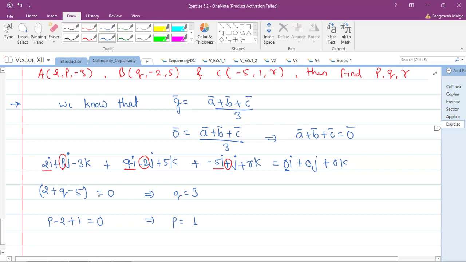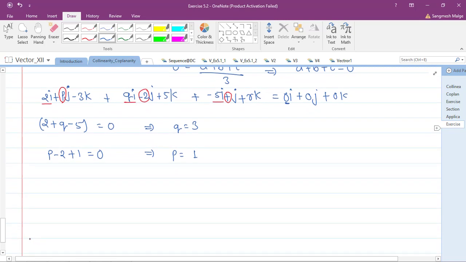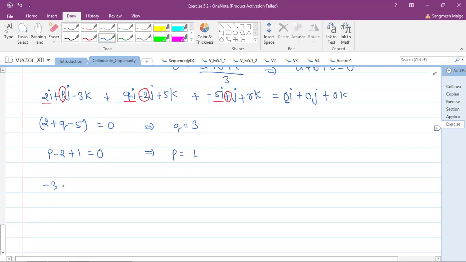Next, the coefficient of k, which is minus 3 plus 5 plus r equals 0, which implies r equals minus 2. So these are the values of p, q and r. Very simple. Is it okay? Good.